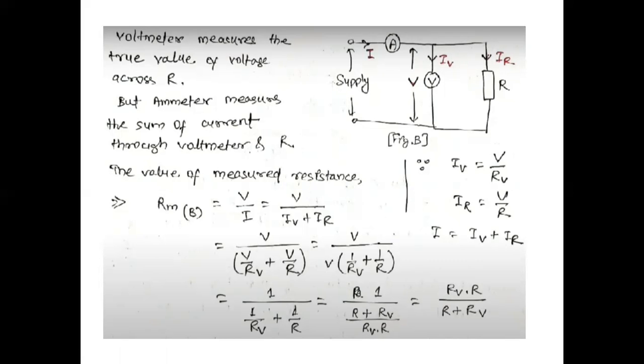This is your ammeter voltmeter method. In this lecture we have discussed the two methods, the Wheatstone bridge method and the ammeter voltmeter method, for the measurement of resistance. Okay, so stop here. Thank you very much.